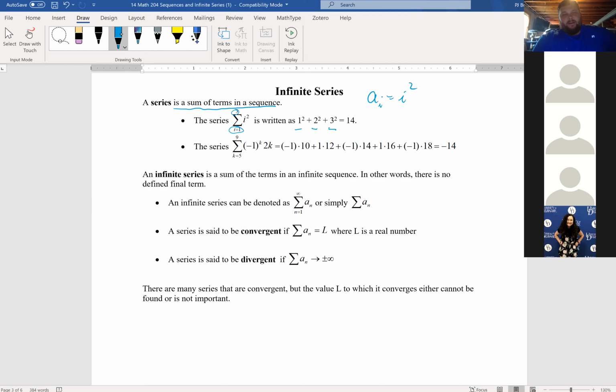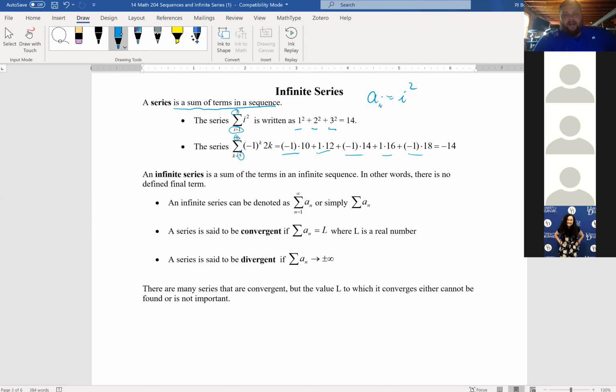The next one down here runs from 5 to 9. So 5, 6, 7, 8, and 9. So notice we have 1, 2, 3, 4, 5 terms. Notice they have something that we're going to later refer to as an alternating term, because they go from negative, positive, negative, positive, right? They alternate sign. That's where that -1 to the k comes in.